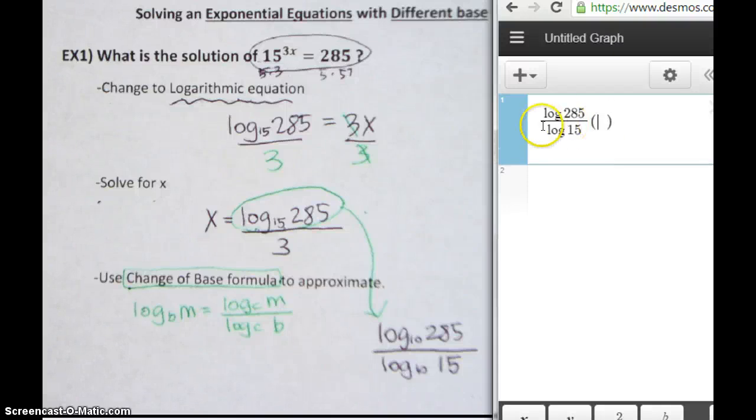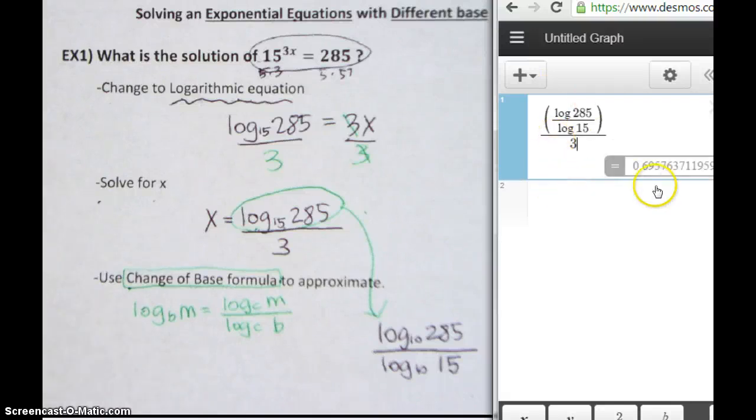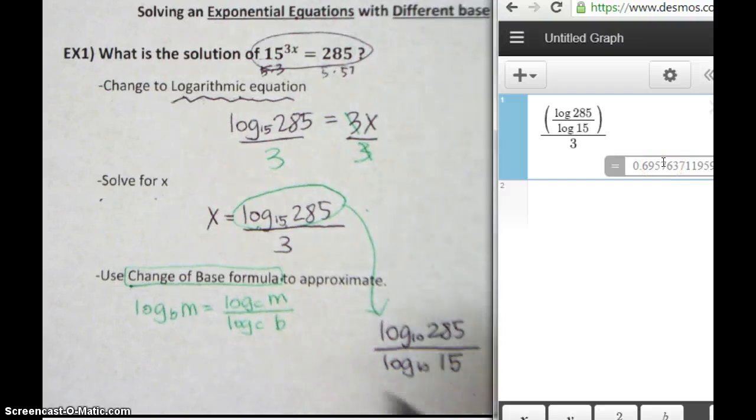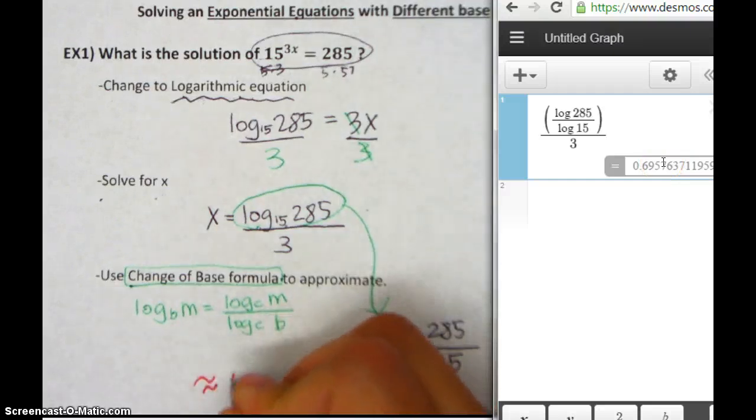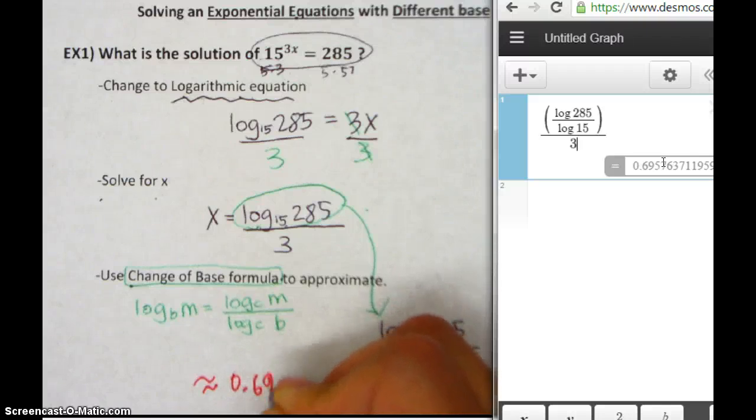I'm gonna put parentheses so that it doesn't confuse us too much. So that value divided by 3 is equal to this value, which we can round to about the third decimal: 0.696.